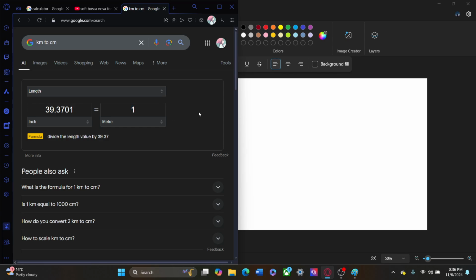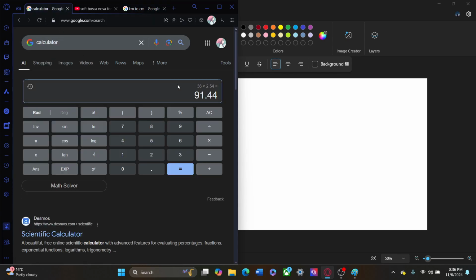We know what it is. The 1 meter is 100 centimeters. So that means, let's say that we have 100 centimeters, divide that by 1 meter, times that by 100 centimeters.